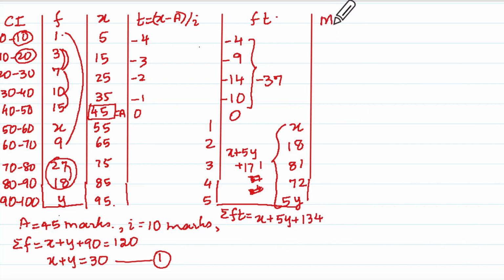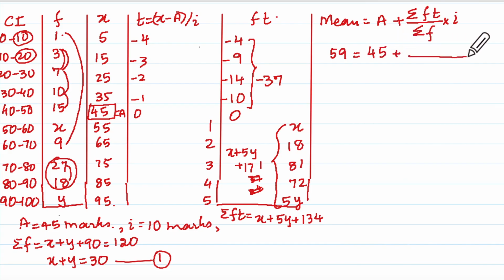Then we will use the formula, which one? Mean is equal to assumed mean plus sigma ft upon sigma f multiplied by I. Mean was 59. A is how much? 45.